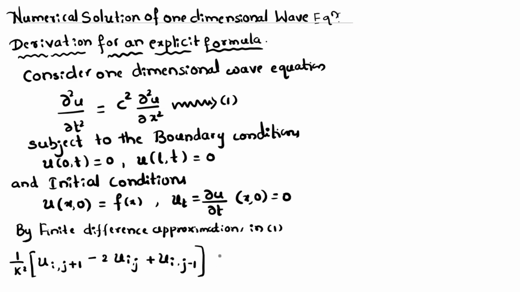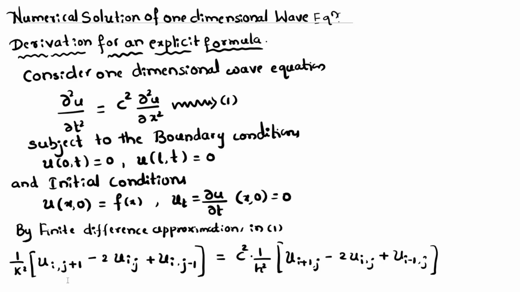This is for j, and this is equal to c square. The same way for x, it was 1 by h square into u of I plus 1 comma j minus 2 times u of I comma j plus u of I minus 1 comma j. This is the equation.